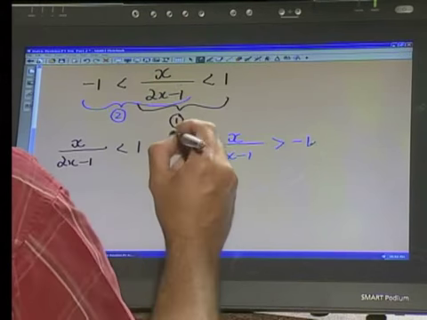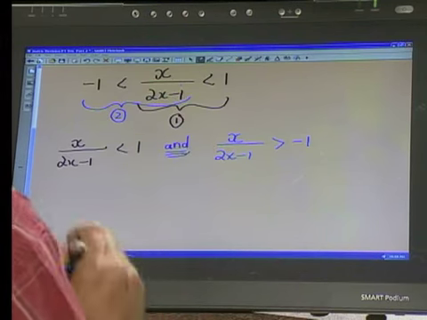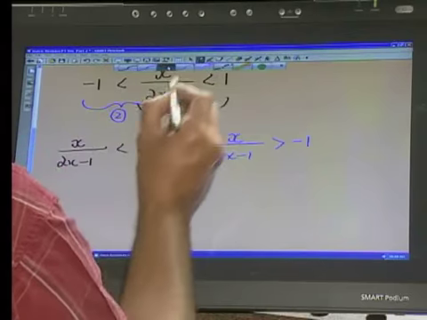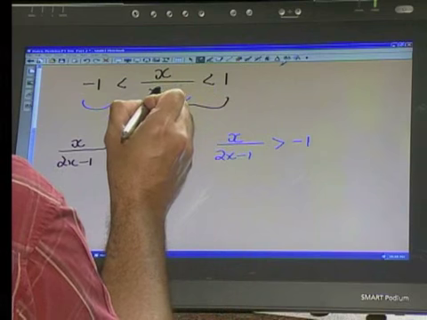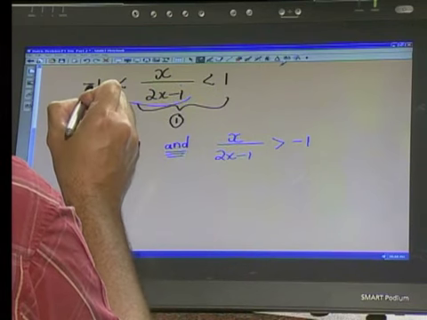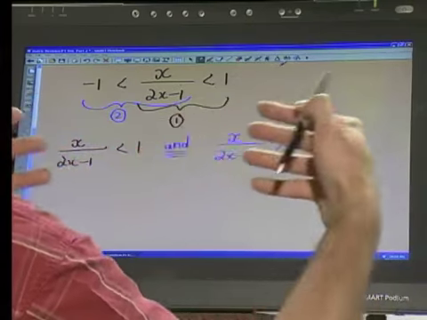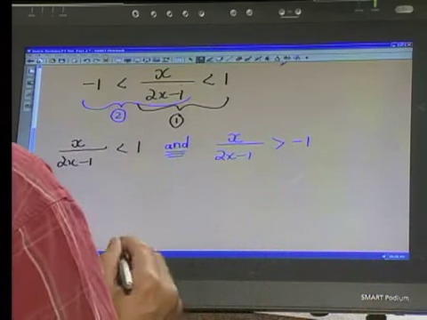Okay, and this is an AND solution. It's not OR. Now that AND is very important, Billy. It must be smaller than 1, and at the same time, it must be bigger than -1.